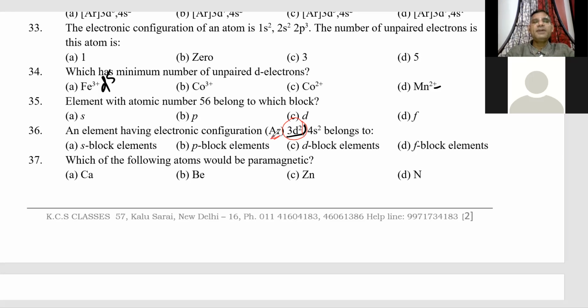See here 18, and 20. 20 plus 2, 22. It's titanium, that is d block. Fine. Yes. What next?